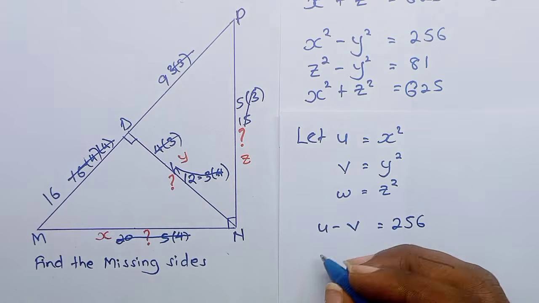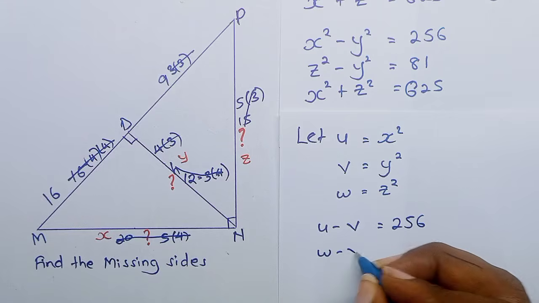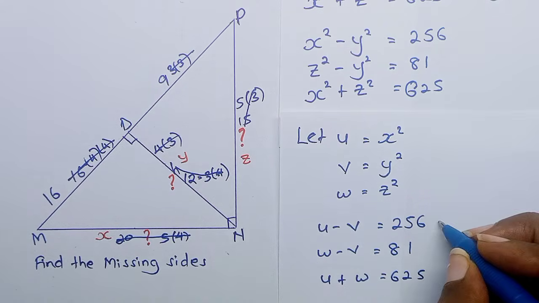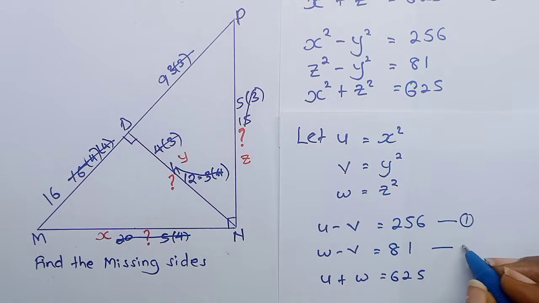Then the second one will become w minus v is equal to 81. Then the third one will become u plus w is equal to 625. So this is our equation 1, equation 2, and equation 3.